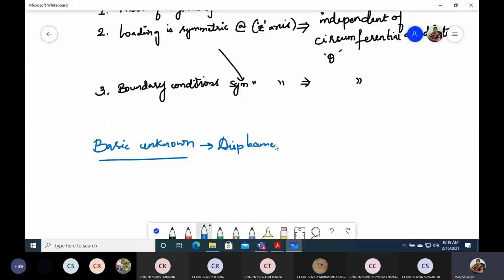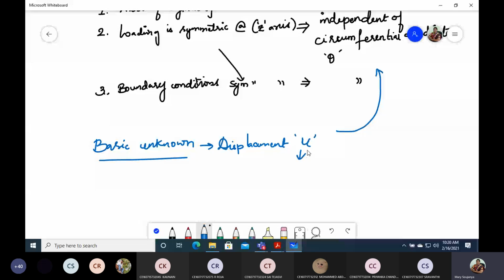Displacement is the basic unknown. Now, for axisymmetric problems, the basic unknown displacement itself is considered independent of the rotational angle theta or the circumferential coordinate theta. In whichever direction it may rotate, the displacement in the whole element is independent of the rotational angle theta.